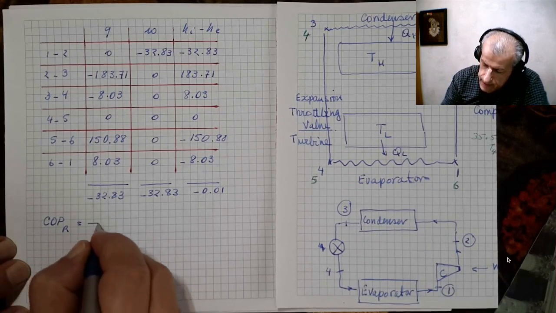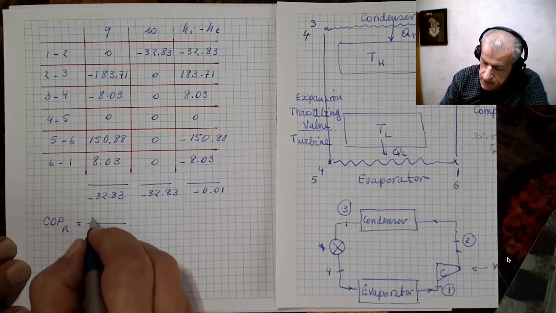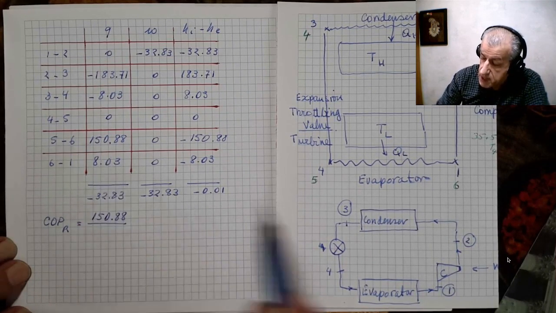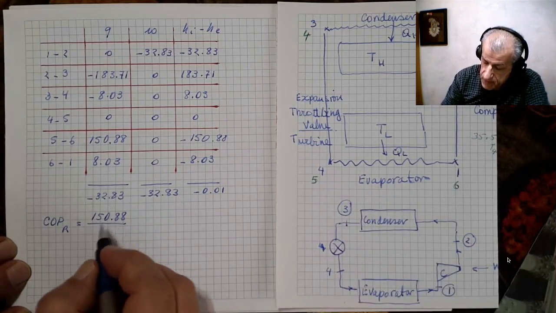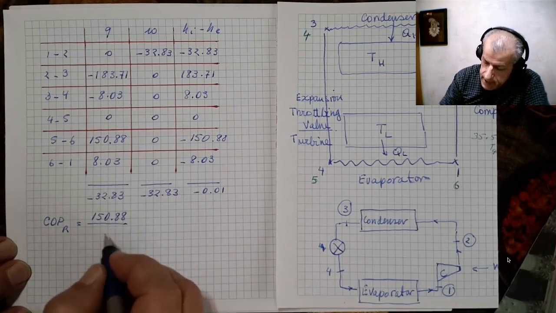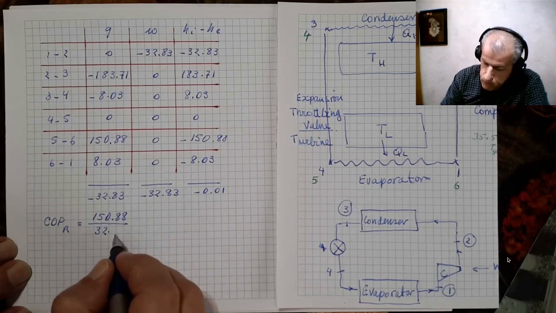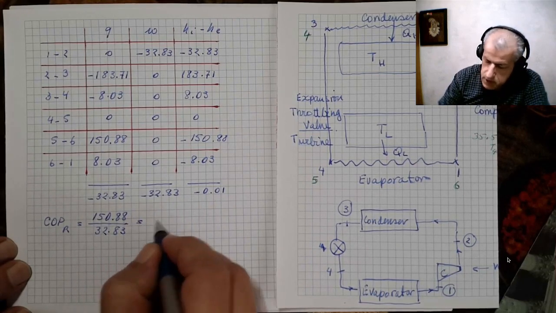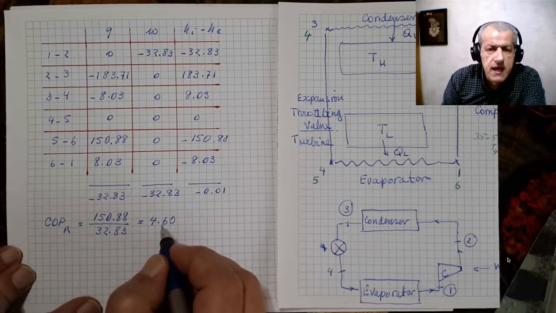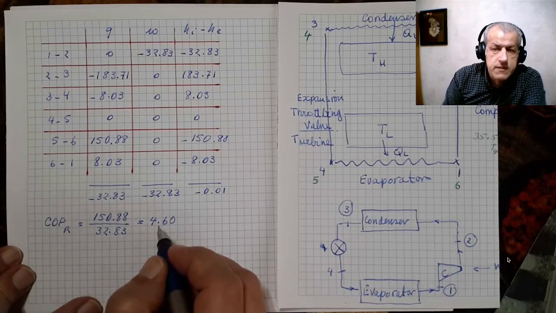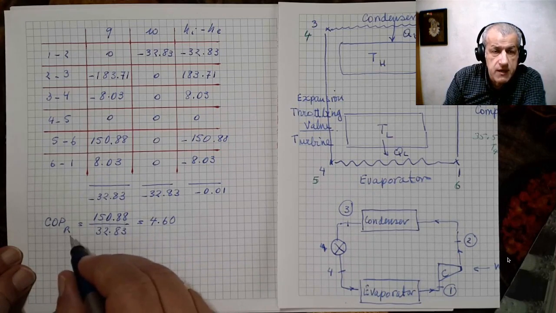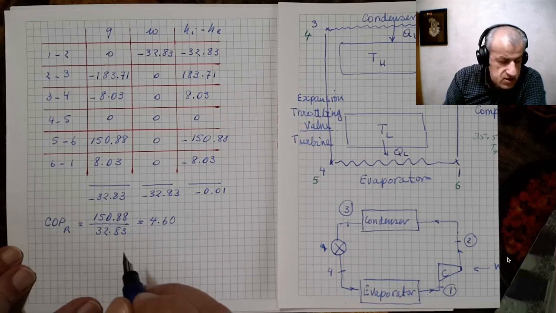So it would be 150.88, that is the heat transfer between 5 and 6, divided by work, which is process 1, 2, and that would be 32.83, and the outcome is 4.60. This is the heat transfer divided by work, which is the coefficient of performance for the refrigeration cycle.